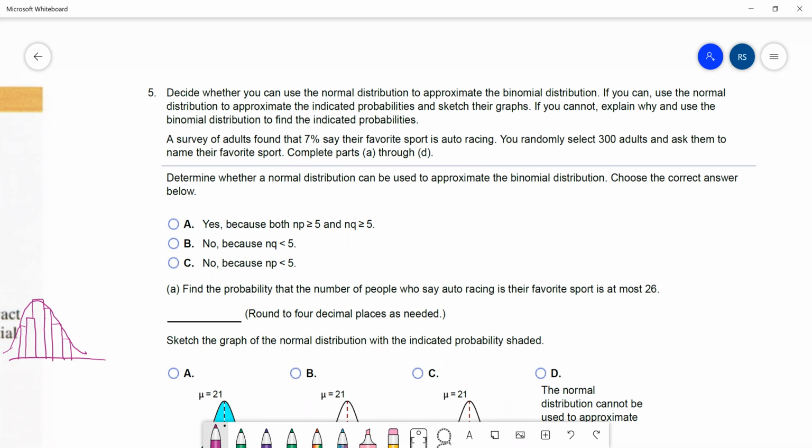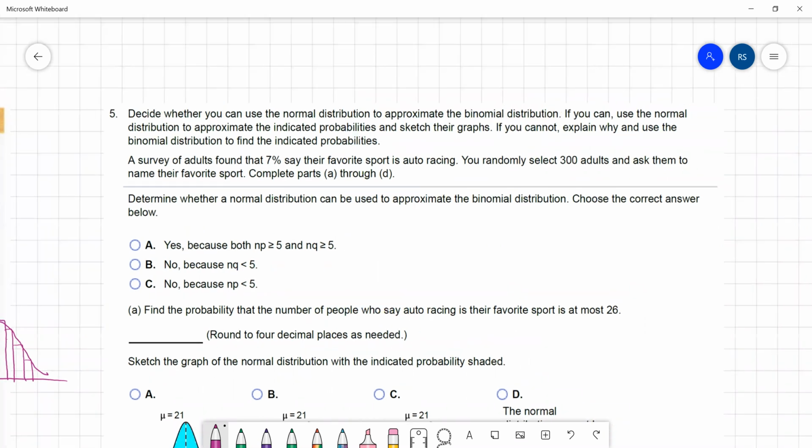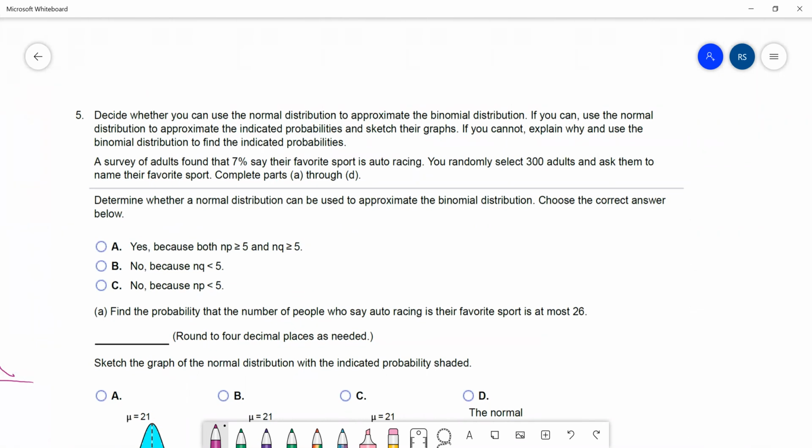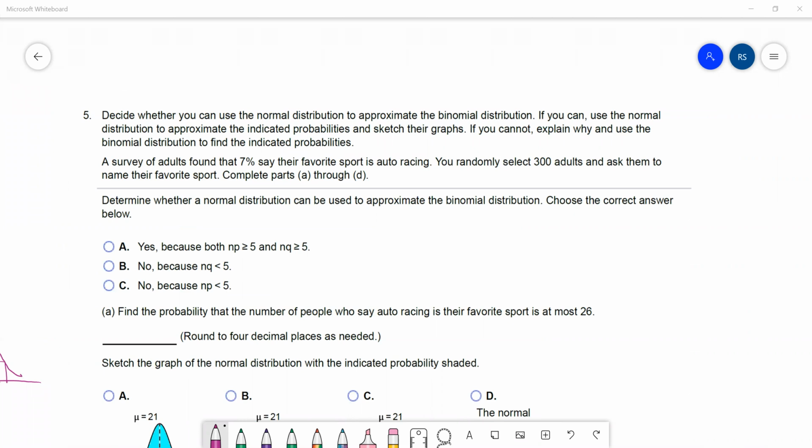Okay, so let's see. It says a survey of adults found that 7% say their favorite sport is auto racing. So 7%, that means P is equal to 0.07, which means Q is equal to 0.93.